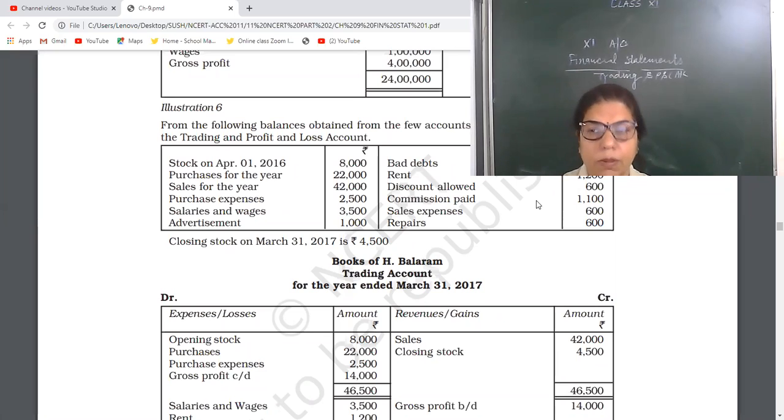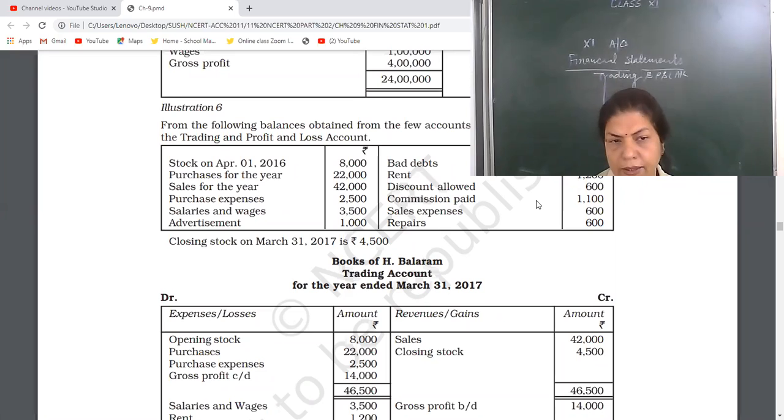So here in the bracket you can write opening stock will be entered in trading account. Then purchases for the year will also be entered in the trading account. Then sales for the year 1000, that will also be entered in trading account.